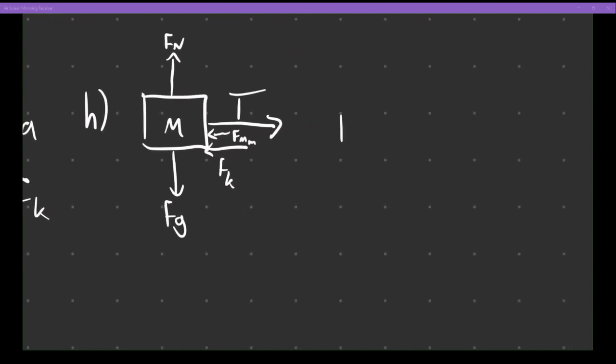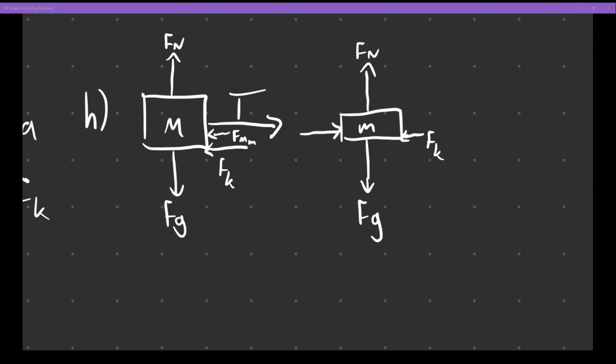And then I'm going to do the other block that's on the table, which is small m. It has a force of Fn, and has F of G, which is equal to Fn. And then it also has Fk, friction from the table. And then it also is being pushed forward by the contact force between the big block and that.